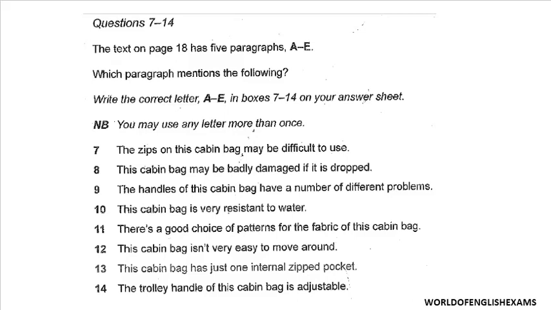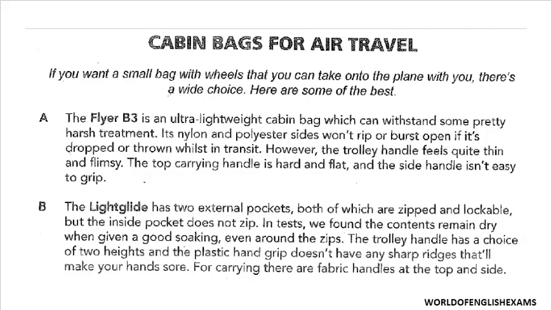For example, what I mean by NB is, let's imagine that we are reading a particular paragraph, say paragraph A. You can see that the paragraphs are alphabetically arranged, A, B, C, D, and so on. So what I mean by NB is that any one or two of the paragraphs can contain multiple answers.